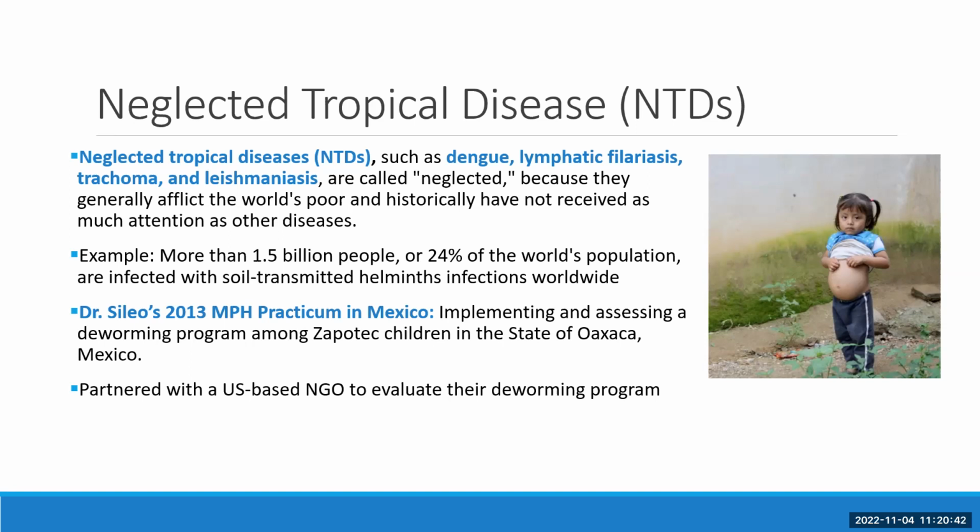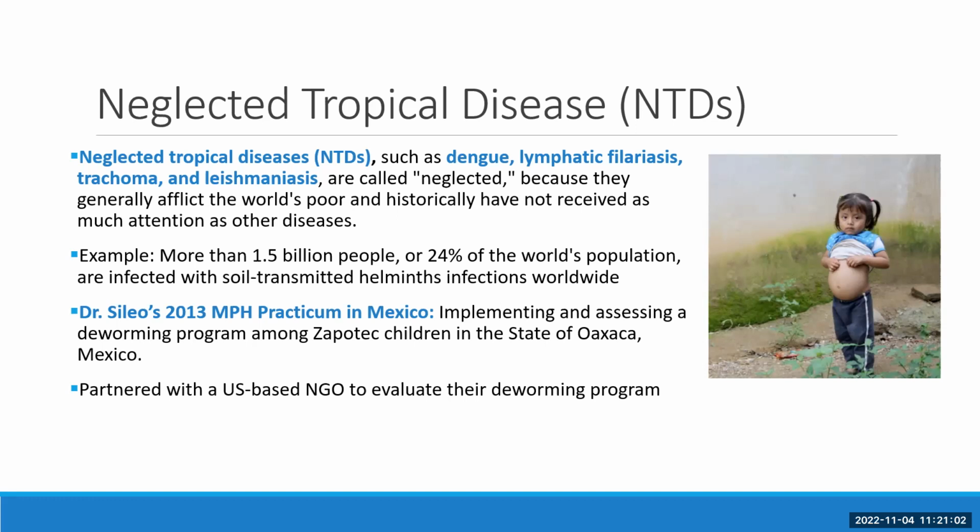They're called neglected because they generally impact the poorest communities in the world. And because of that, they've historically not received a lot of attention, a lot of donor money, a lot of government attention in terms of global health programs.